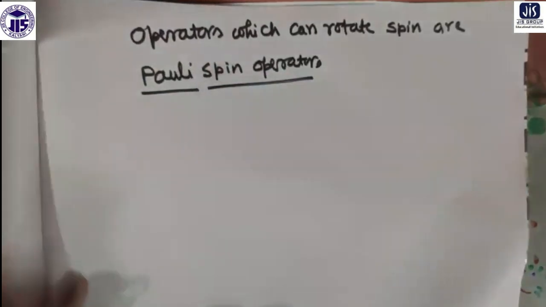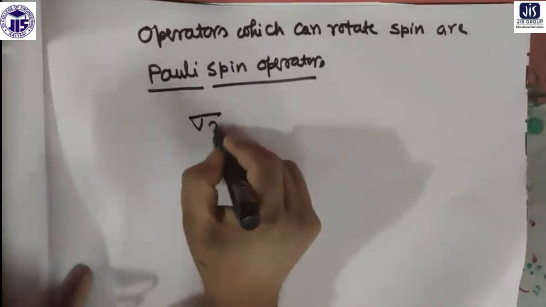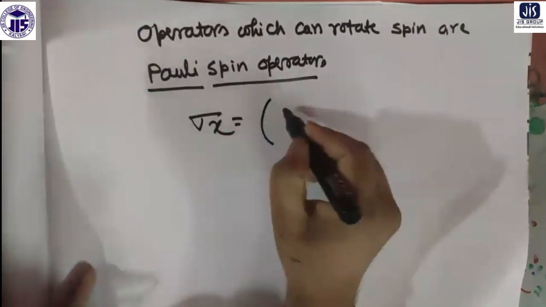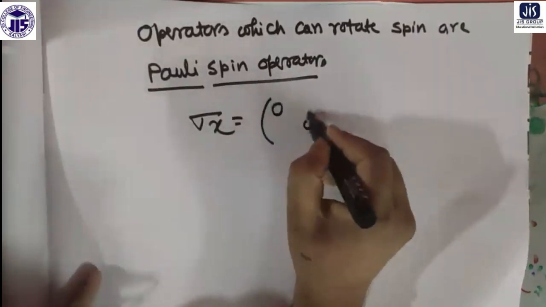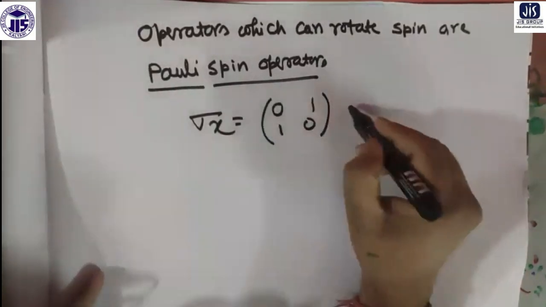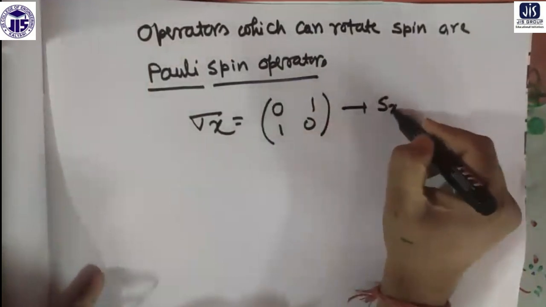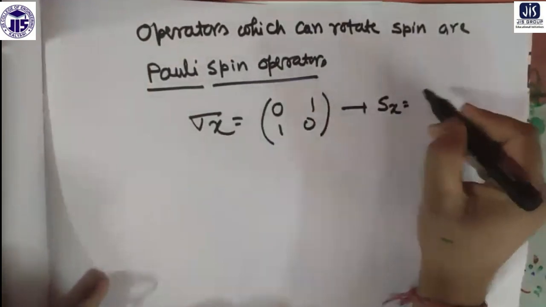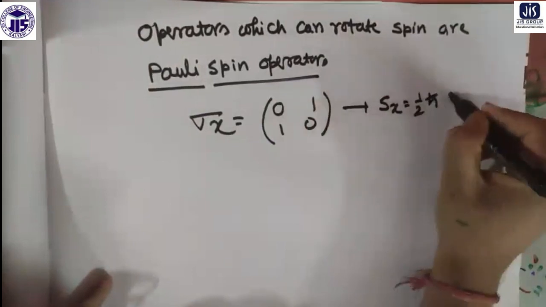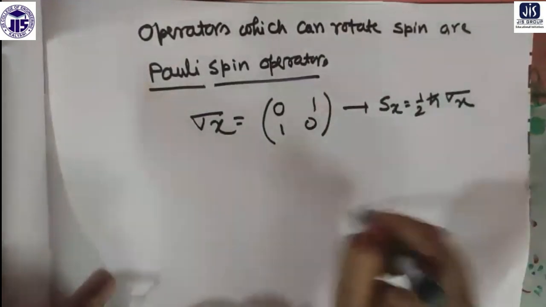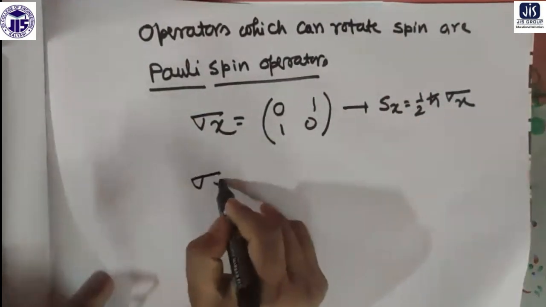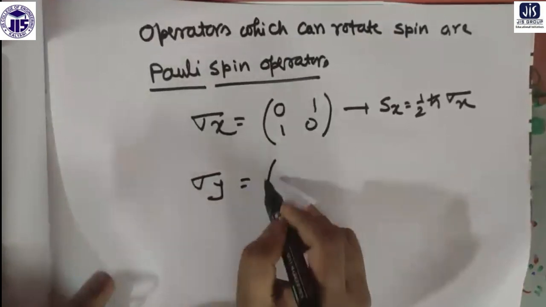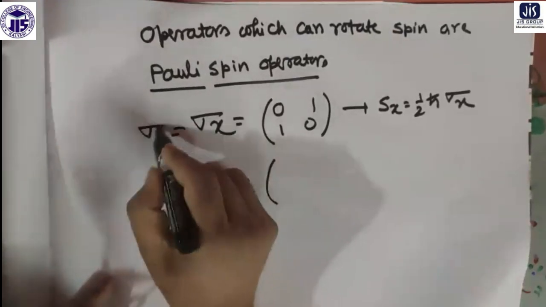Now there are three types of Pauli spin operator. One of them is sigma x. Actually, the corresponding matrix is Sx equal to h bar over 2 times sigma x. It will act on the spin state. Then sigma y, some people call it sigma 1 also, whatever you like.